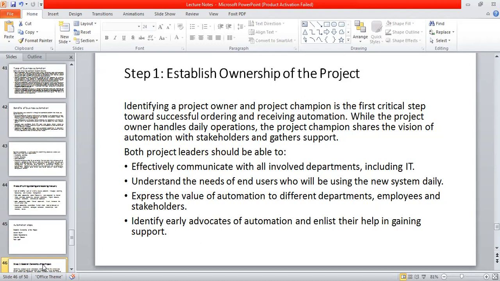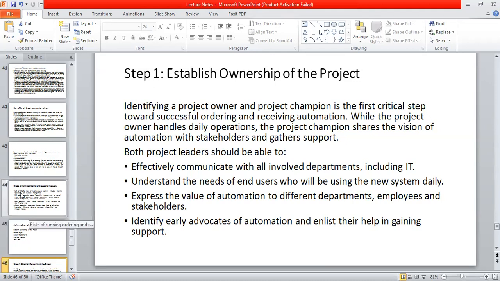They should also be able to identify early advocates of automation and enlist their help in gaining support, because support is very important when we want to automate a business process.